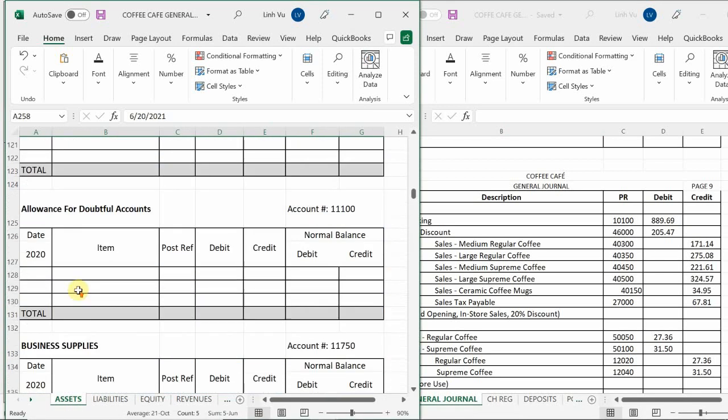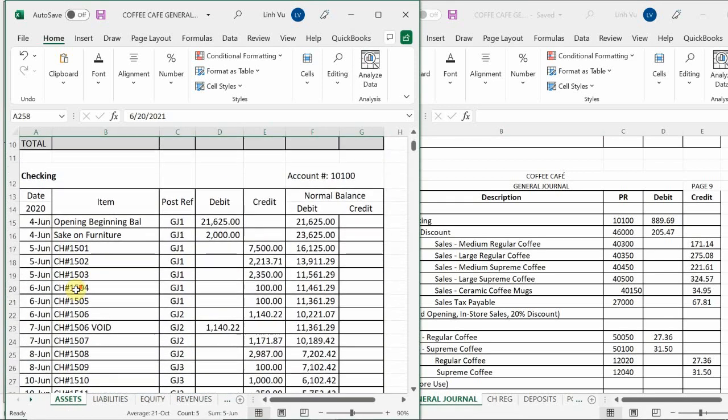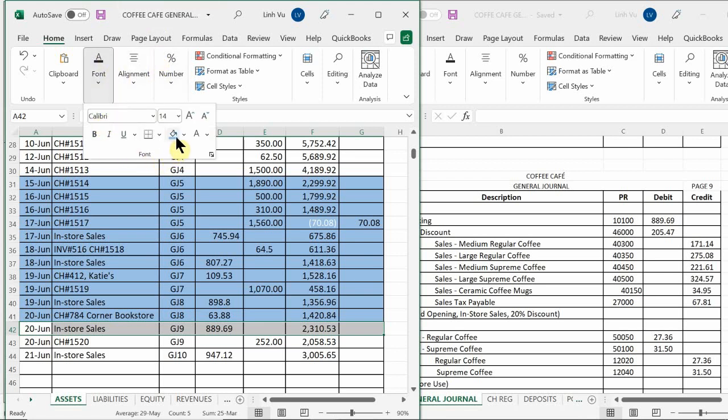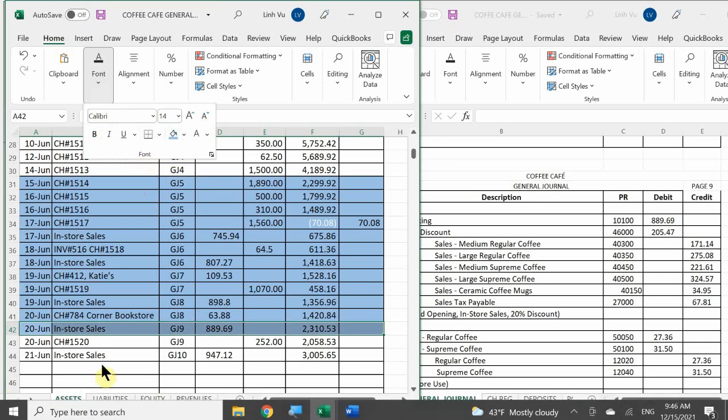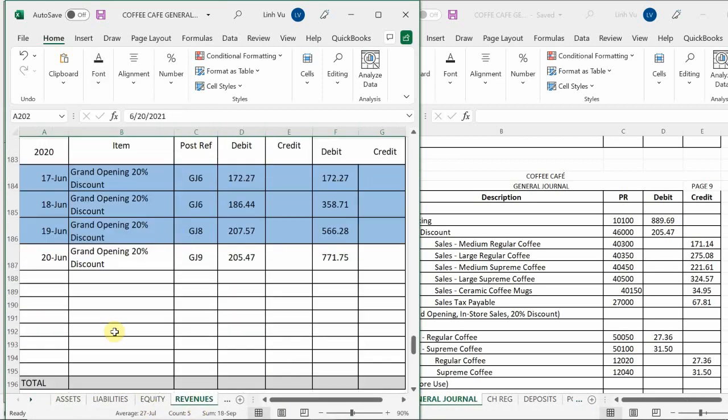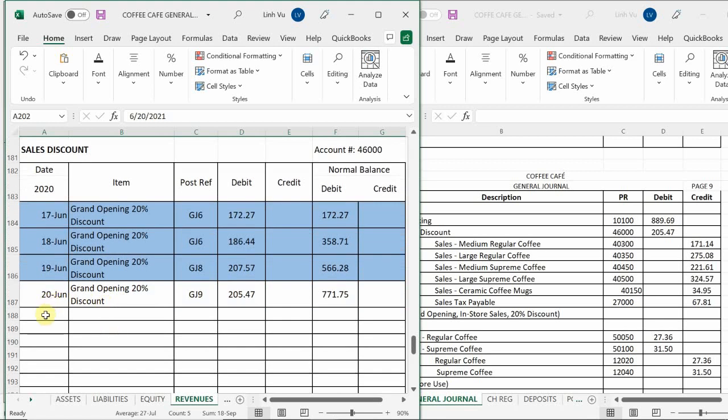Checking for the 889. We have the discount for the two.